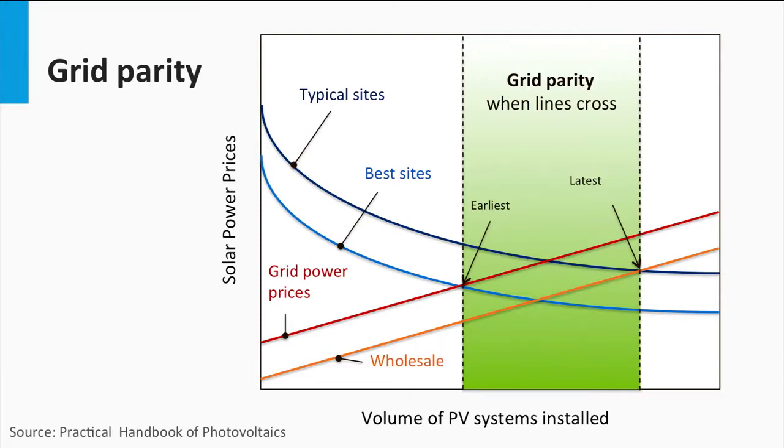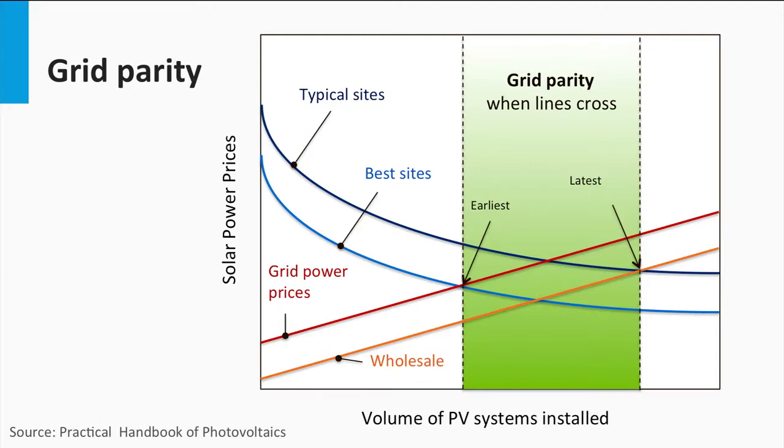graph. The graph is depicting the volume of PV implementation on the x-axis, which can be directly correlated with time, as the past decade has seen the implemented PV volume rise tremendously. As capital costs decline with increasing volumes, PV power is expected to be cheaper.